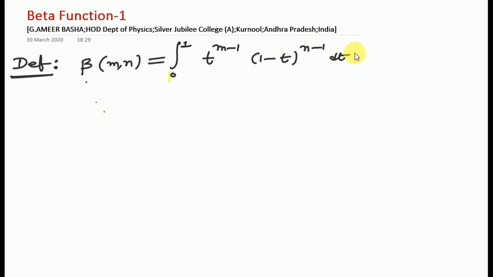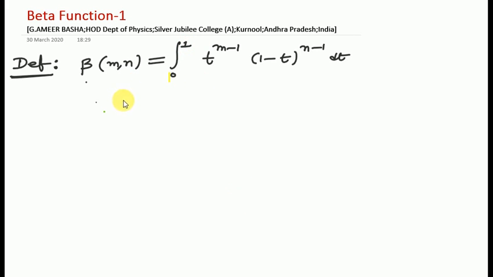Beta(m, n) is the integration with the limits from 0 to 1 of t to the power m minus 1 into (1 minus t) to the power n minus 1, of course dt. t is a variable here which varies from 0 to 1. The lower limit of t is 0 and the upper limit is 1.